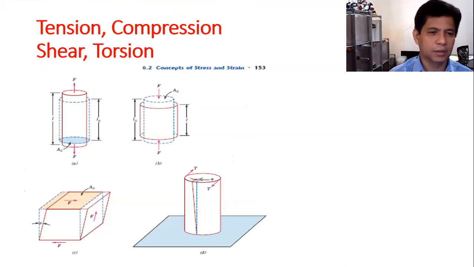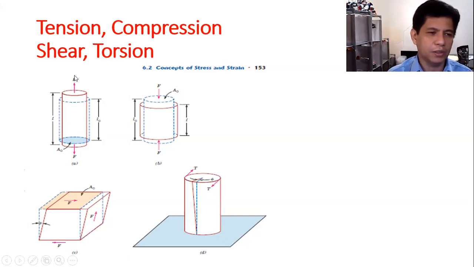So let's review. These are generally the 4 types of loading that we encounter in mechanics, in strength of material. The first one is tension. Tension is defined when the force is applied perpendicular to the cross-sectional area of the material. The first letter A is tension.